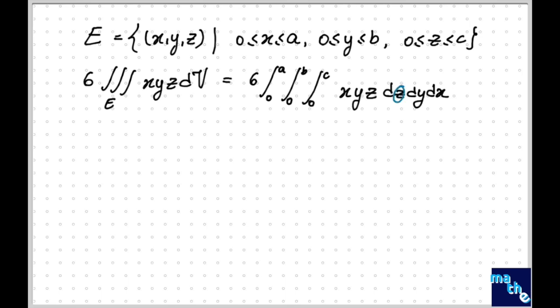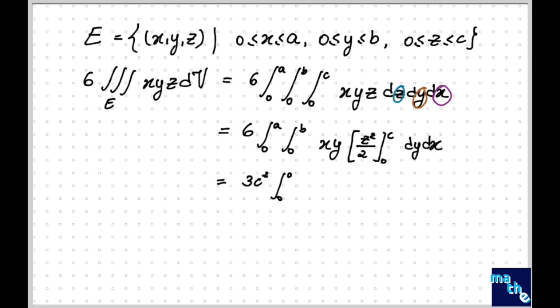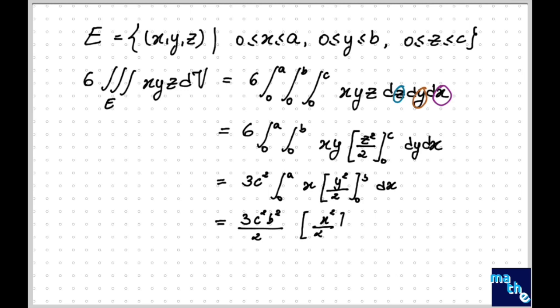As we already know, integrate first with respect to z, then with respect to y, and finally with respect to x. After that, it's just a question of solving the triple integral. And then, at the end, you should get 3c^2 b^2 a^2 divided by 4.